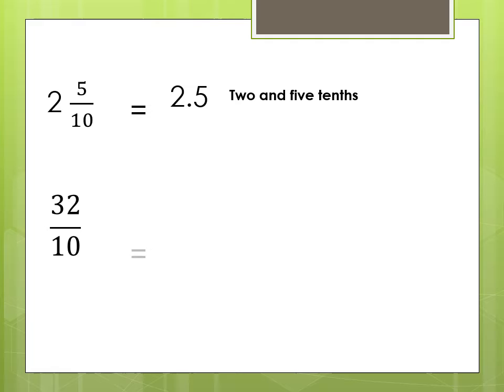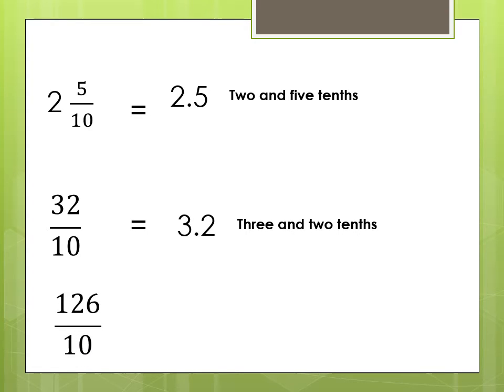So I will put the point after the number 2. So it will be 3.2, and we read and write it in letters as 3 and 2 tenths.